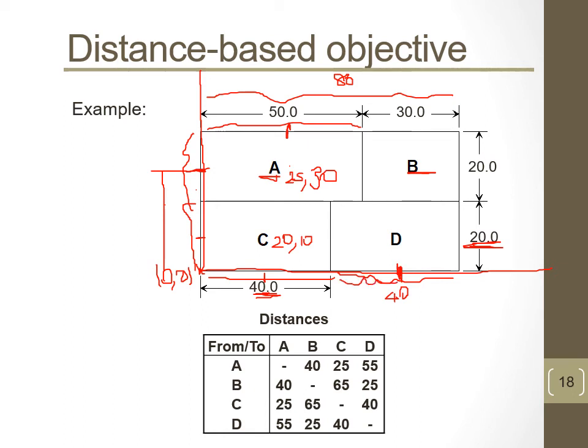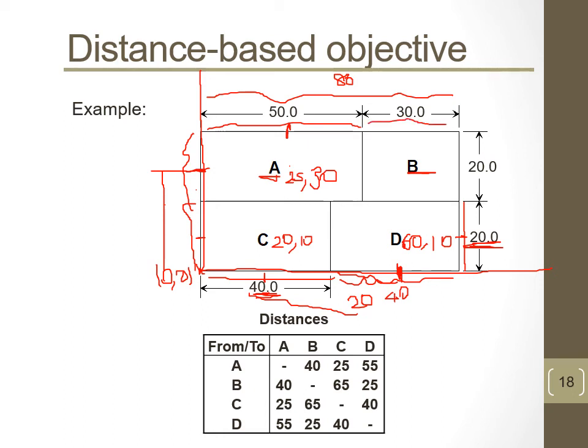Here the distance is 20, and since we have a 40 here, totally it is 60 on the x side. What about on the y side? Since this length is 20, the midpoint will be 10. So 60 and 10.